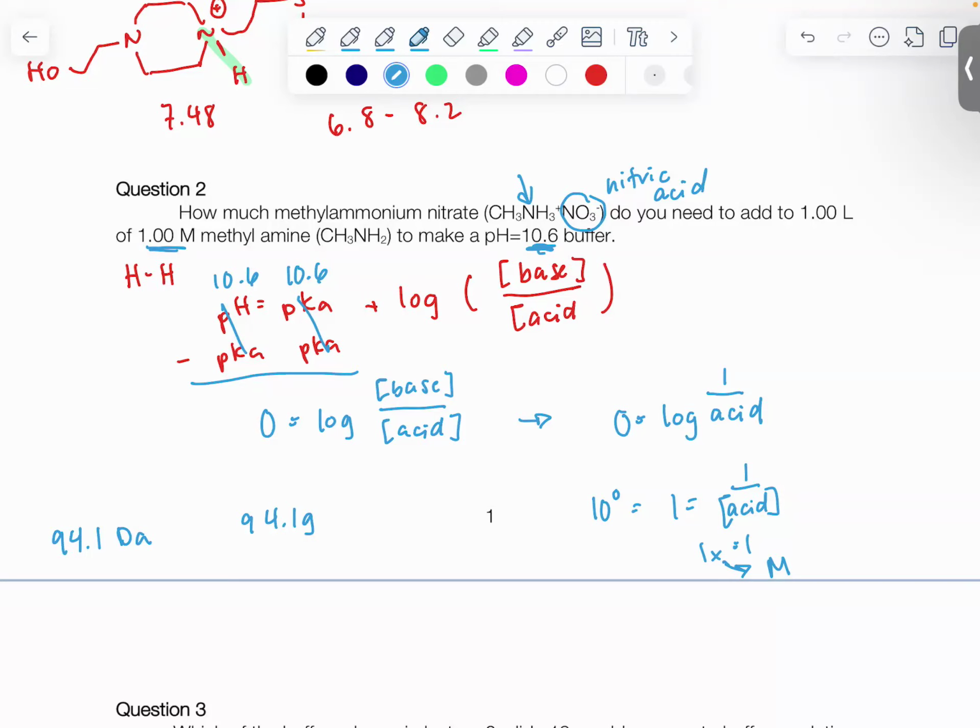The exam does not have a periodic table on it. I don't think you need it. You will have the pKa table though. If you do need it, the proctors will put it up on the screen. 94.1 is the molecular weight of this molecule.